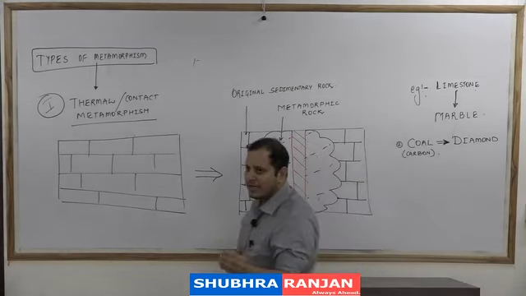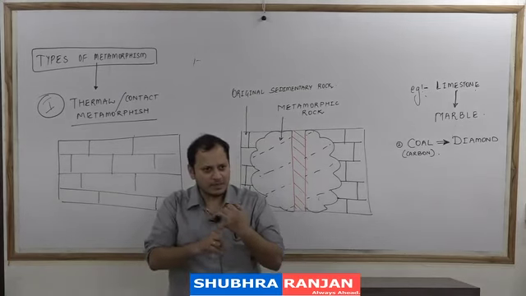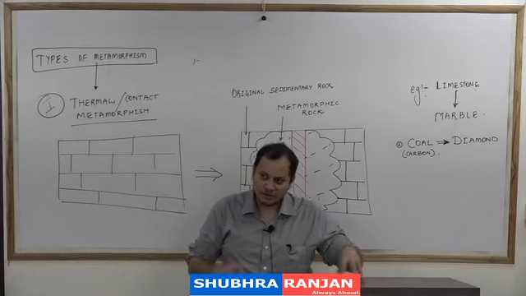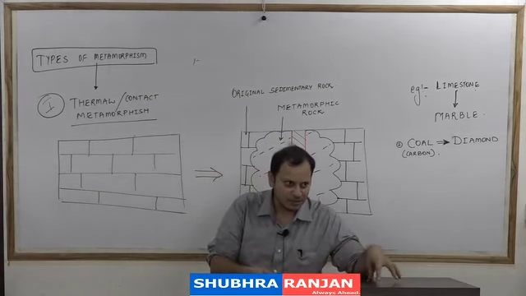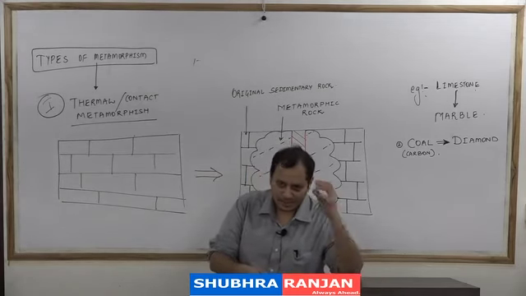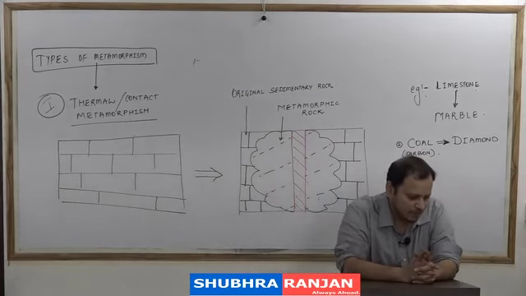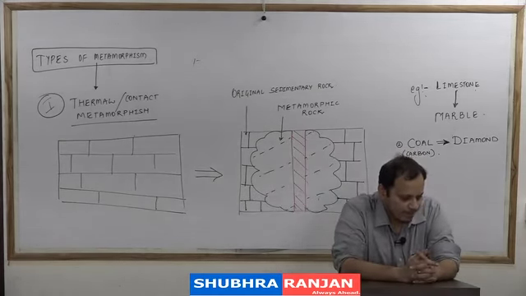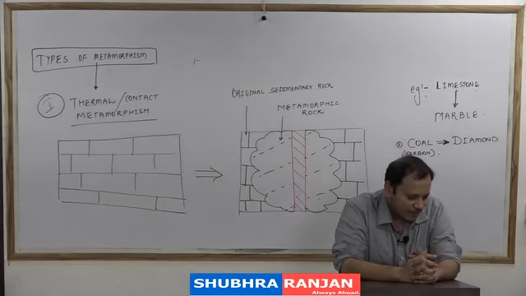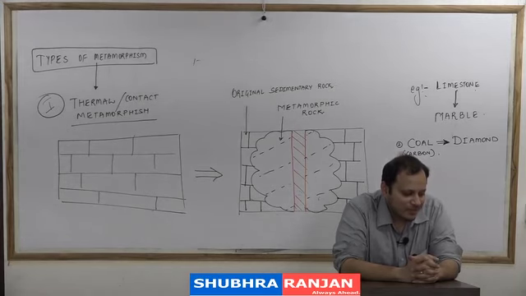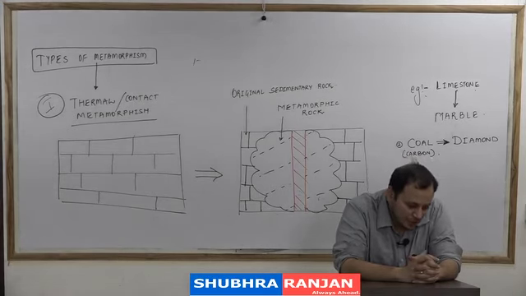This original rock can be any rock. It can be metamorphic, it can be igneous, it can be sedimentary. If it is a metamorphic rock, it will become metamorphic again. That is what is known as remetamorphism. It changes the rocks which come in contact to a new metamorphic rock.